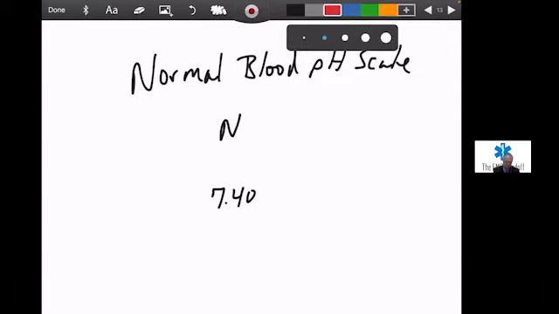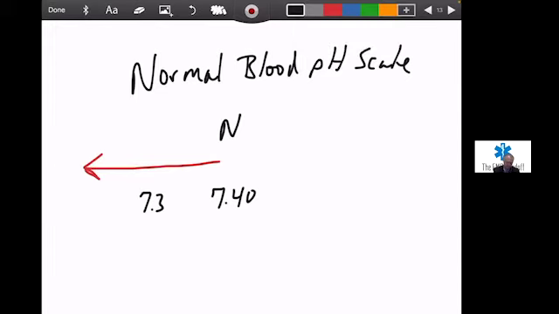If we start going this way and dropping down below 7.35, we know that side is acidosis.